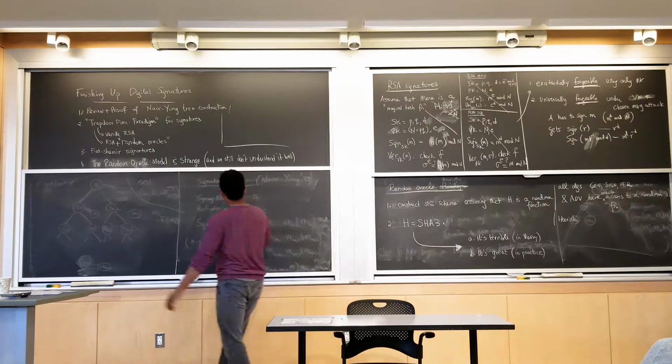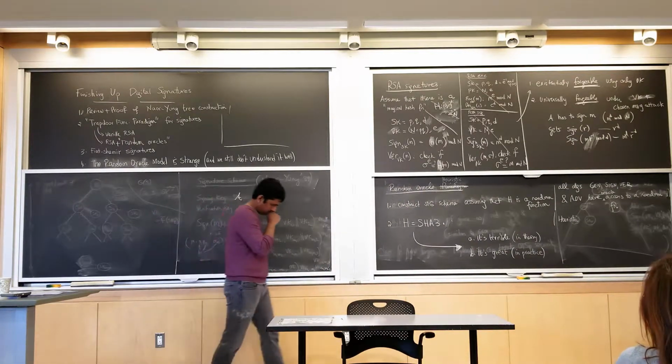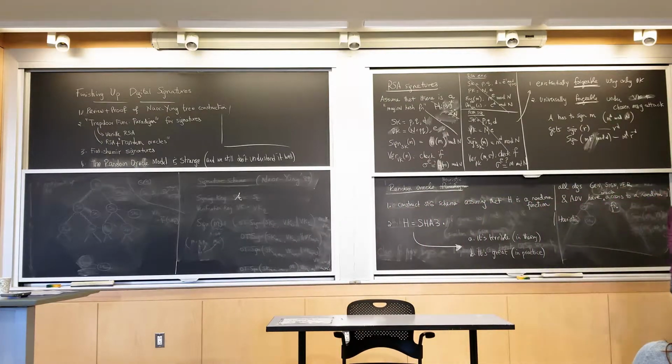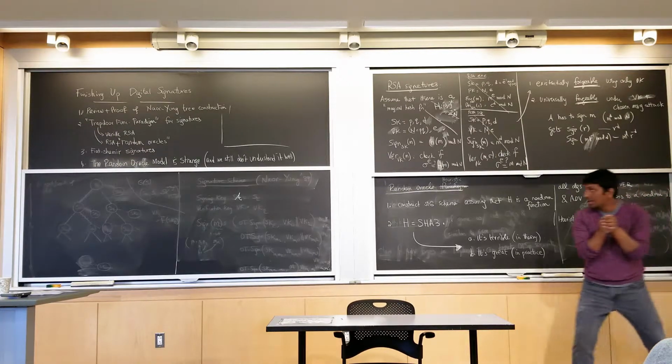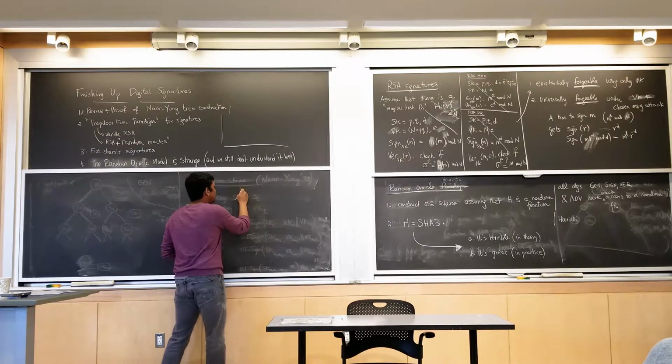So the adversary is an oracle adversary at this point. He doesn't get the description of the hash function. In fact, the hash function does not have a small description. The only way the adversary can compute the hash function is by making oracle calls.